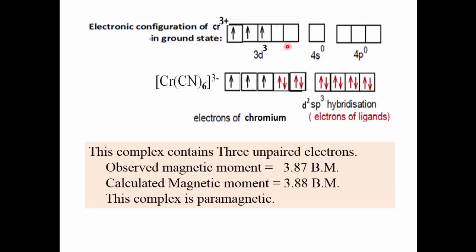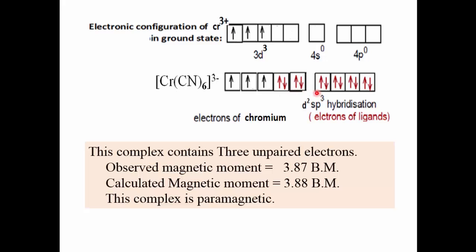So 2 d orbitals are vacant for hybridization, which is d2sp3. So d2, s and 3 p orbitals combine together to form 6 hybrid orbitals. Hybridization is d2sp3.